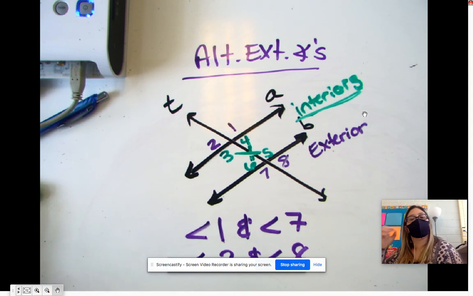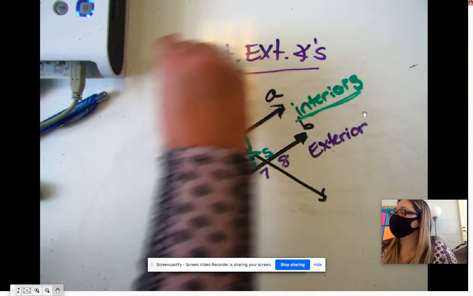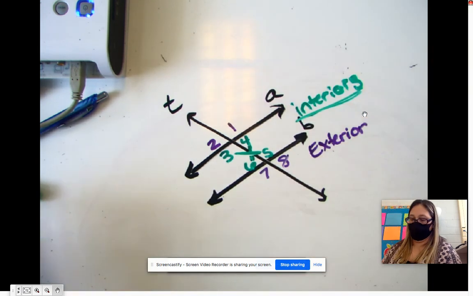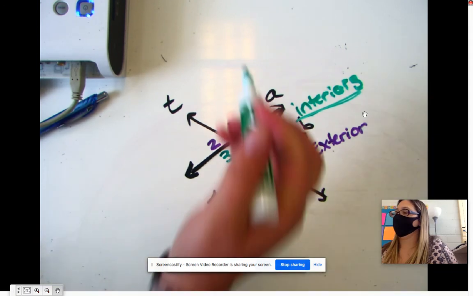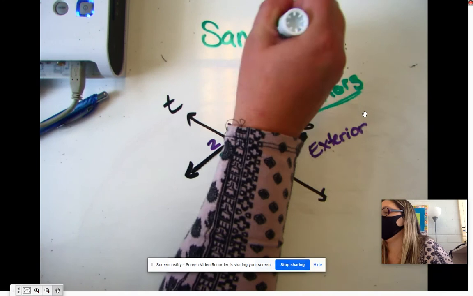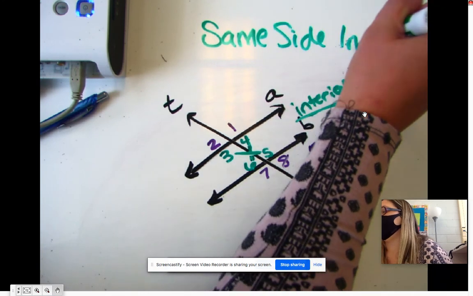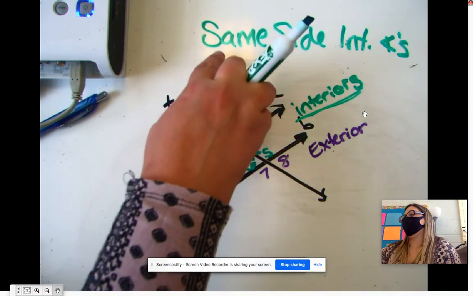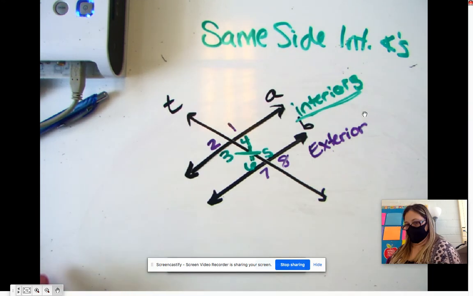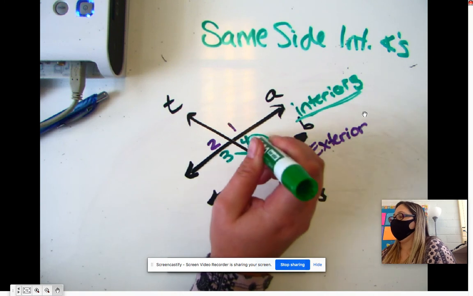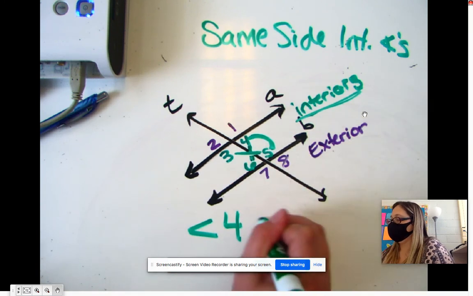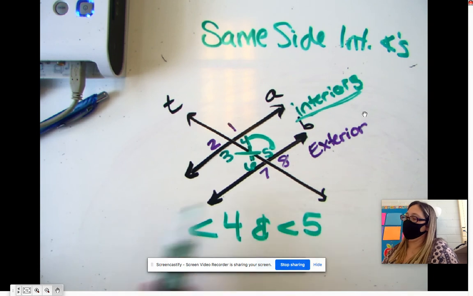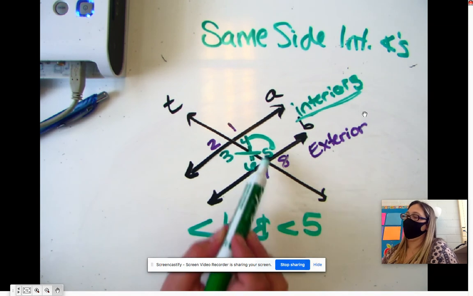All right, there's one more relationship before we practice one. It's actually got two names depending on what book or example you talk about. I like same side interior angles because in the name it tells you what it is. If I have interior angles, these are on the same side of the transversal. So angle 4 and angle 5 are on the same side of the transversal and they're interior.